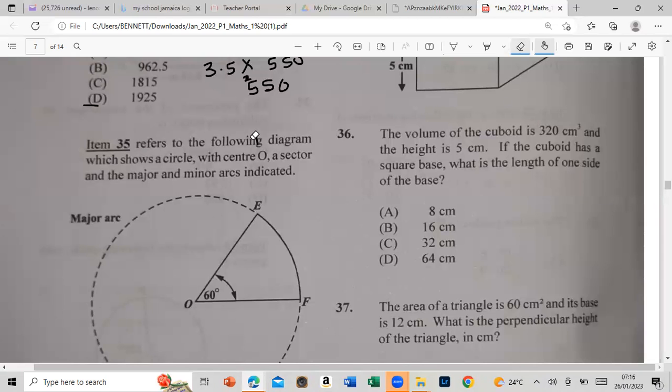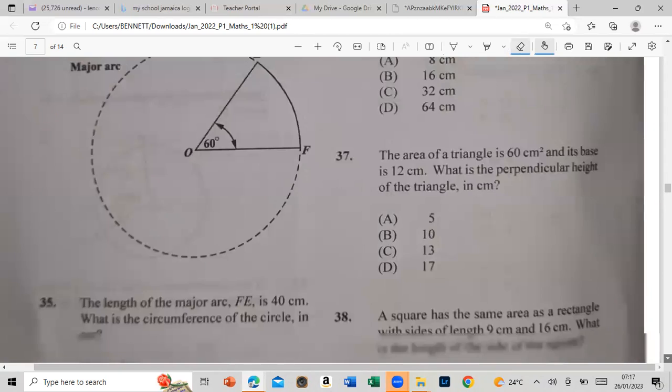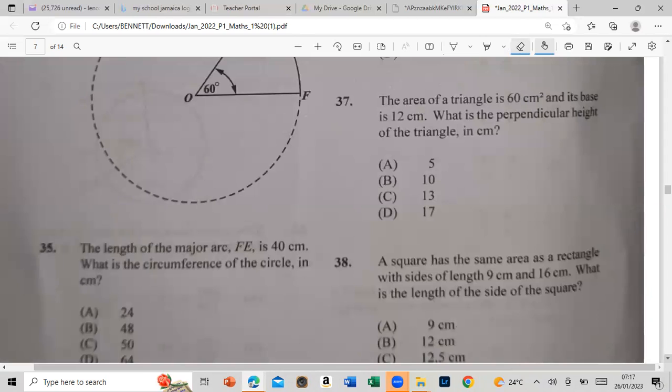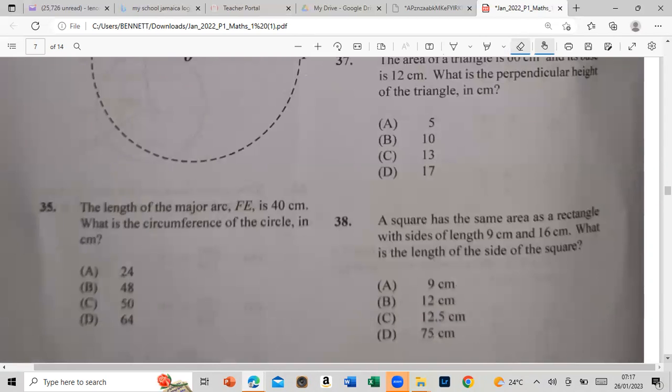Refer to the following diagram, which shows the circle with center O, that's this, a sector, and a major and minor arc indicated. So this is the major arc, the dotted one, and the straight one is the minor. The length of the major arc FE is 40.